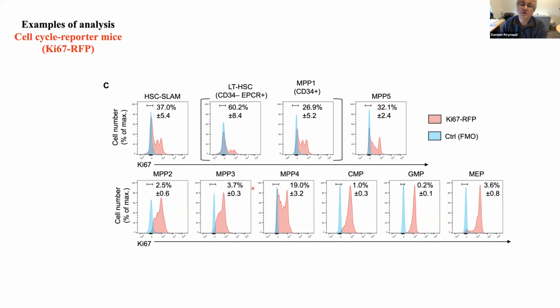And the multipotent progenitors, which are an intermediary compartment within the hematopoietic system, are basically all positive or mixed, as expected. So this is also a good way, I think, to analyze cell cycle in these populations, narrowing down quite a bit on these different subsets.